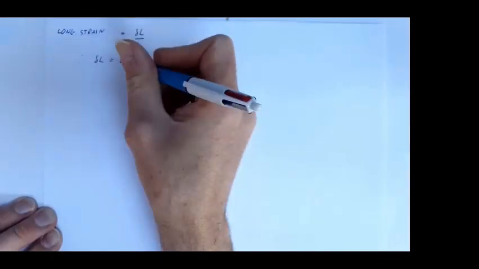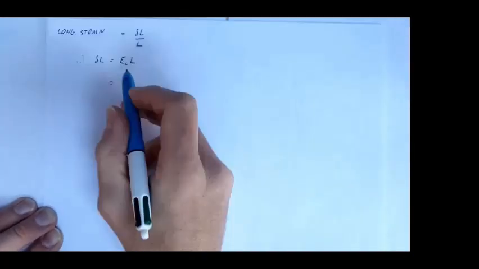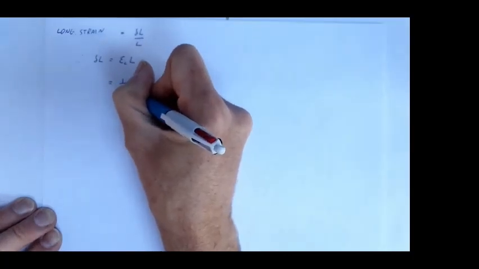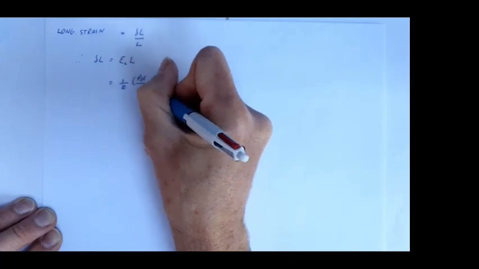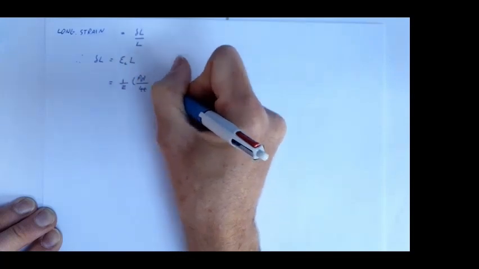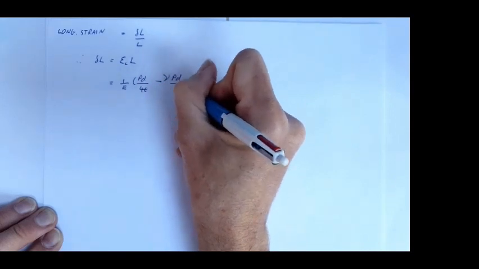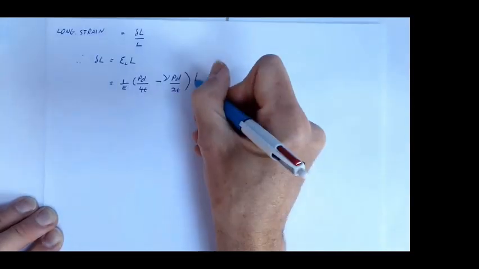The strain in the longitudinal direction was 1 over E, PD over 4T minus Poisson's ratio PD over 2T, times the original length.